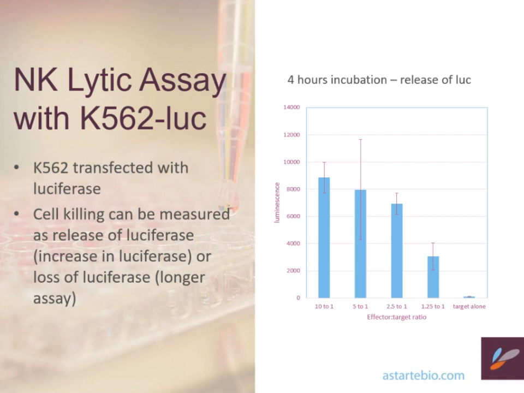You collect the culture supernate and measure it for luminescence, or you can look at the loss of luciferase. This example on the right shows the release of luciferase into the medium, with higher release when more NK cells are added, and with target alone, there's not much released at all.